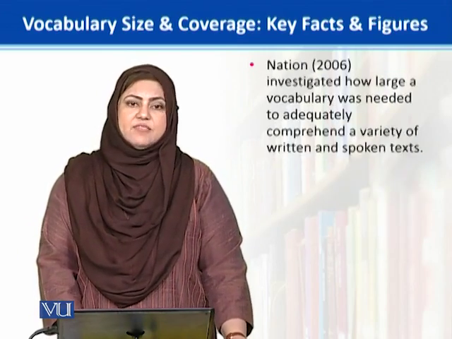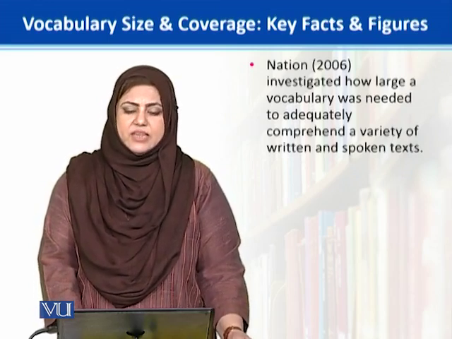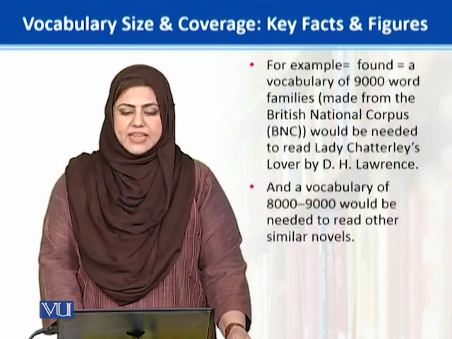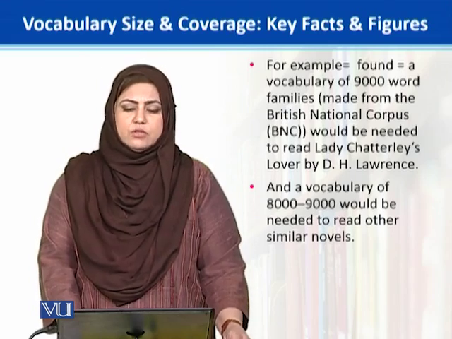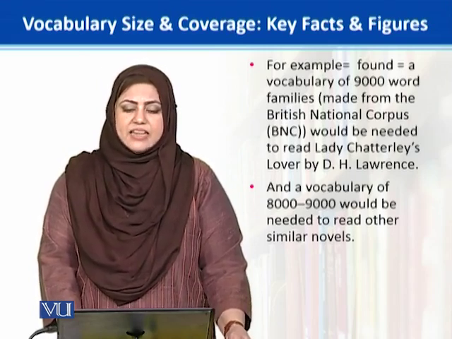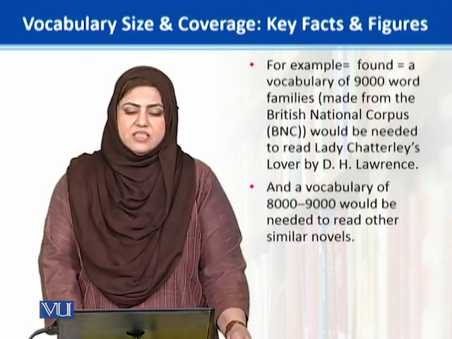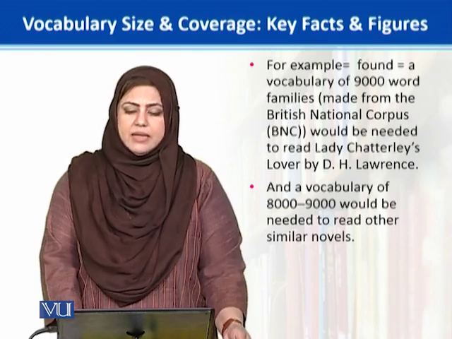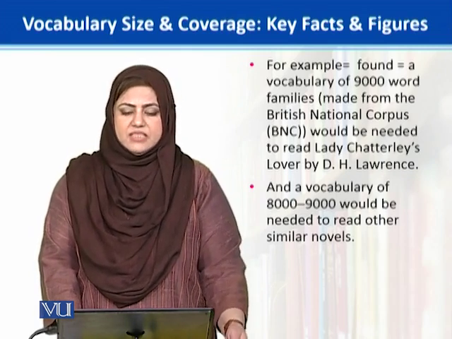Nation 2006 investigated how large a vocabulary was needed to adequately comprehend a variety of written as well as spoken texts. For example, it was found that a vocabulary of 9,000 word families, made from the British National Corpus, BNC, would be needed to read Lady Chatterley's Lover by D.H. Lawrence. So, to read this work, this much vocabulary is needed.